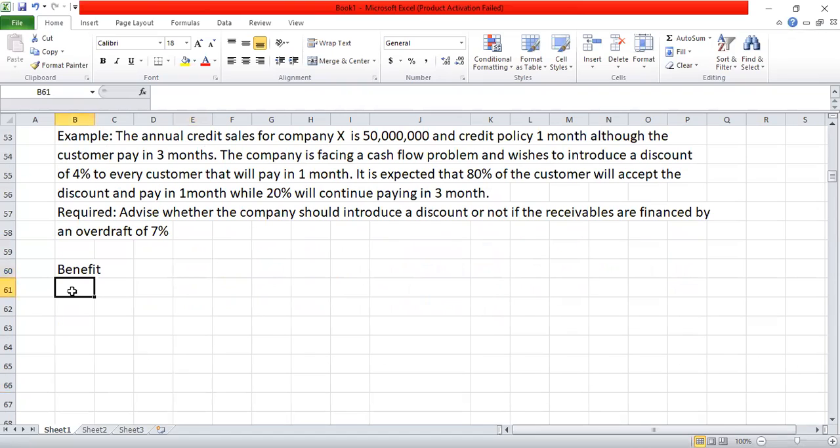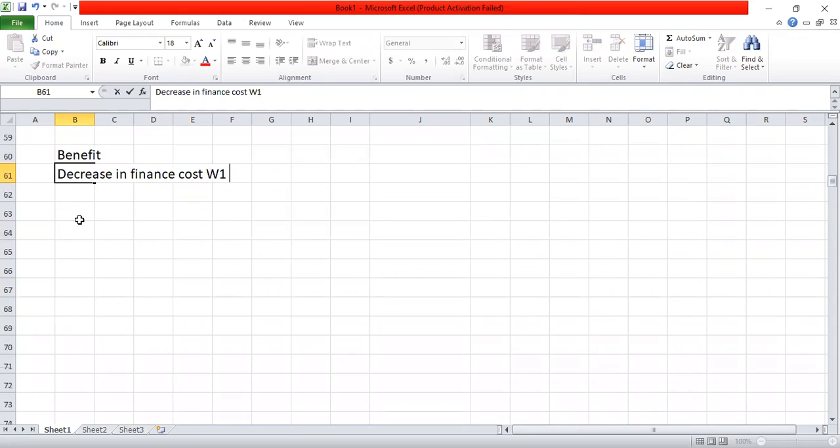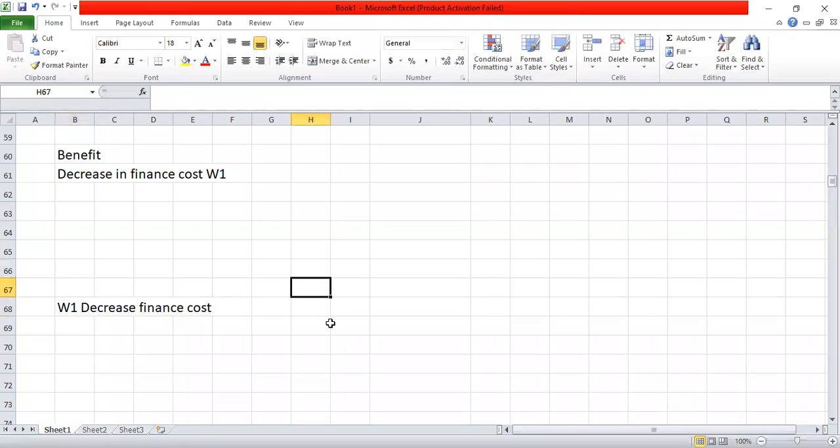You can only have a decrease in finance cost, which is going to be our working number one. So working one is a decrease in finance cost. So we need to look at our current receivable.